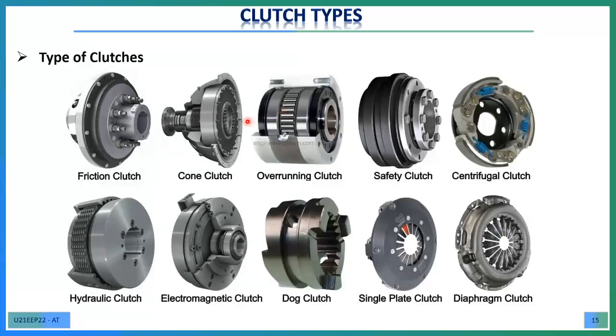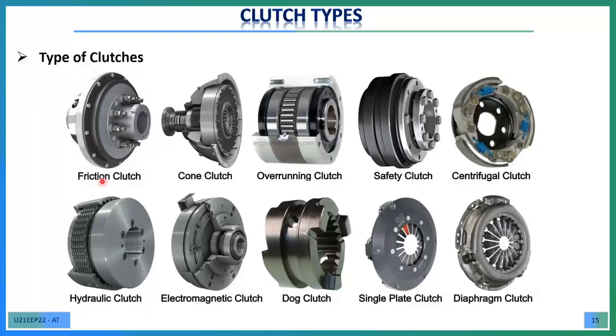There are many clutch types in practical cases. For practical transmission system vehicles, different types of vehicles are there at present. Many clutches are used based on the type of transmission, depending on the requirement.